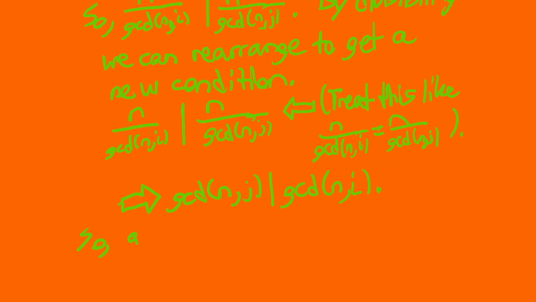So a required condition is that the greatest common divisor of n and j must divide the greatest common divisor of n and i. I keep getting j and i mixed up. There we go.